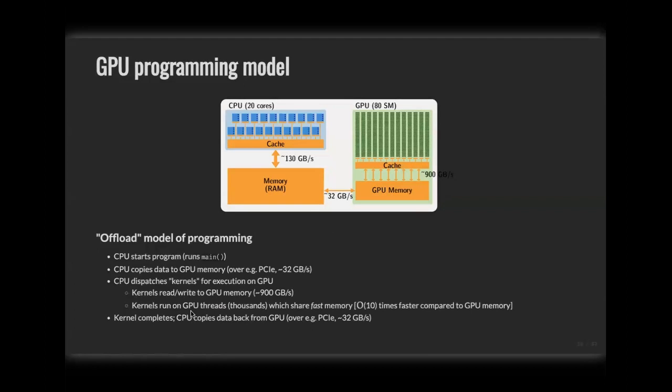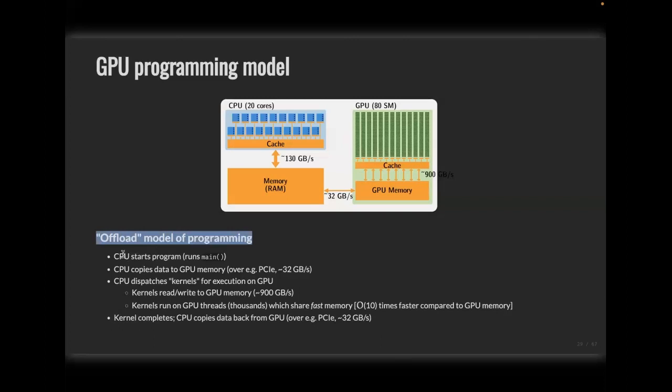Now, the way that we use GPUs, and this is true not only for the NVIDIA GPUs that we will use here, but basically also for AMD GPUs, etc., is this offload model. There are other ways to use GPUs, but those are not so common. Most of the time, this offload model is just hidden by syntactic sugar.